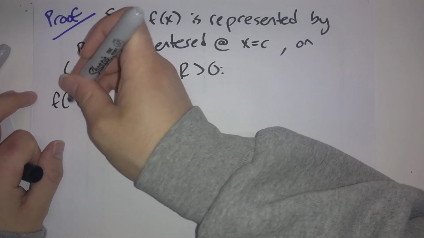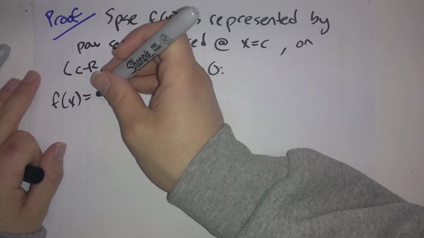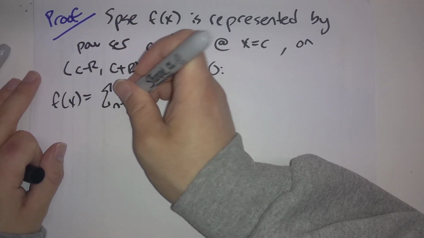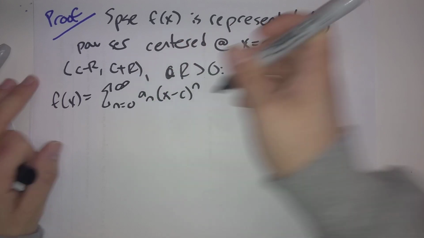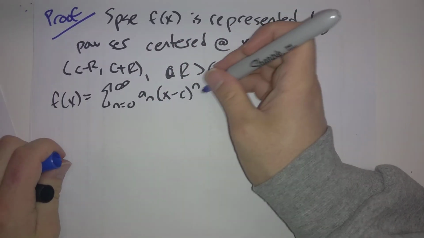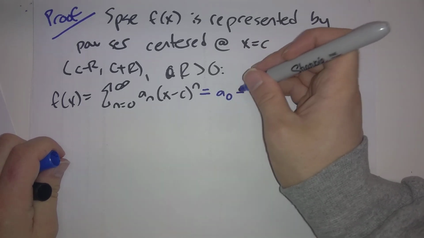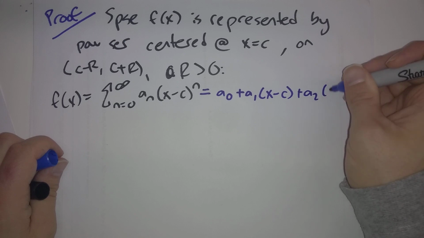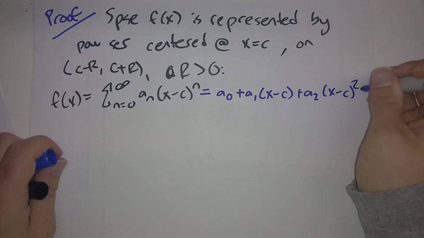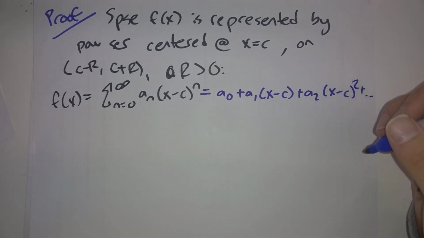So f of x is the sum from n equals 0 to infinity of a sub n times x minus c to the n. Writing out the first several terms, that's a naught plus a1 times x minus c plus a2 times x minus c squared plus dot dot dot.